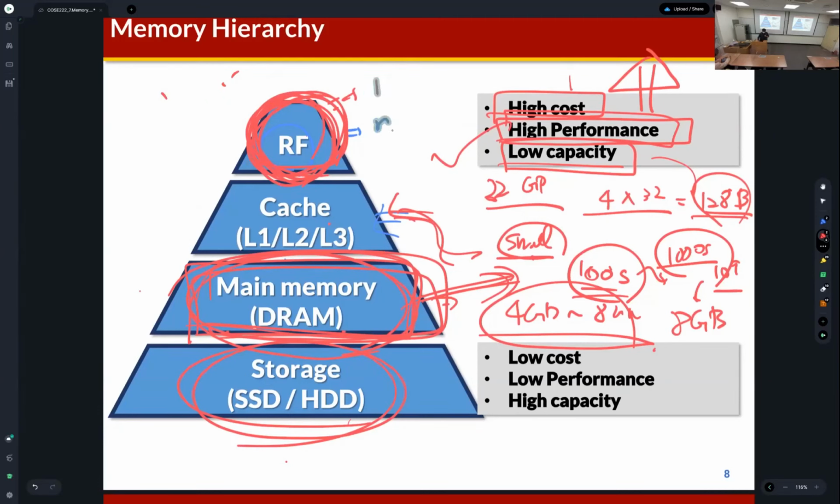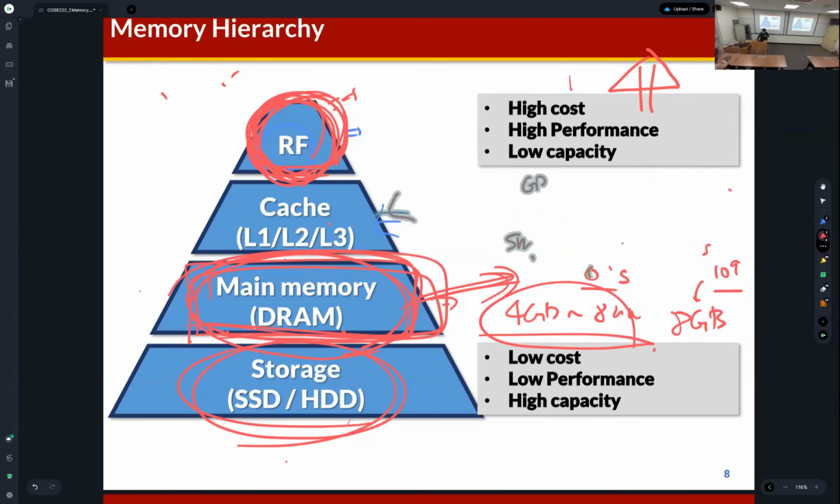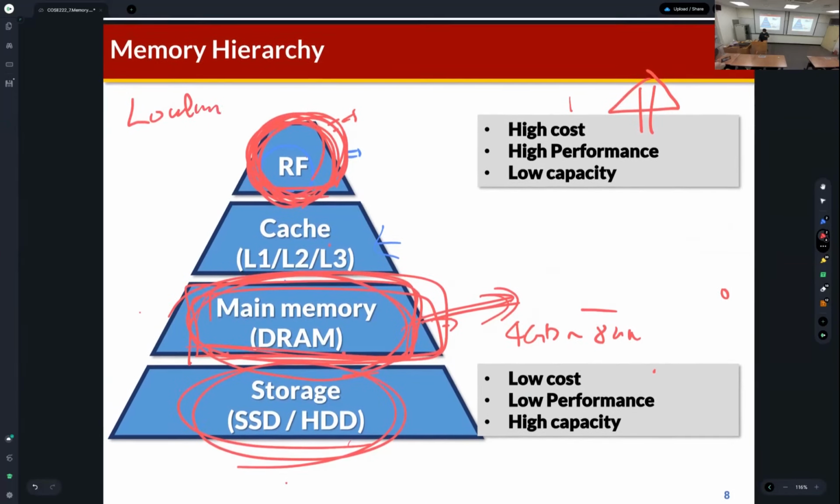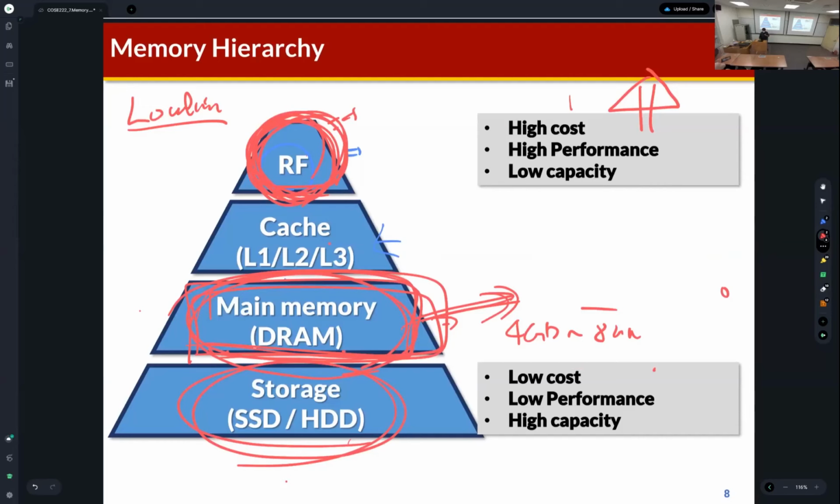Why did I explain this? I also mentioned that the cache is faster, but the size of the caches is smaller. So you need to connect locality and memory hierarchy.